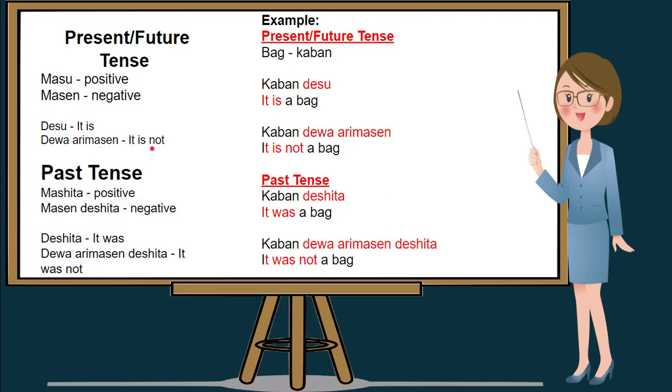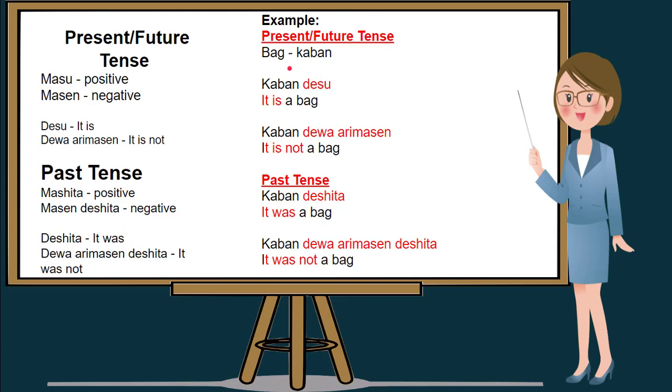We will also be using deshita and dewa arimasen deshita in creating a sentence. Deshita means it was in English, and dewa arimasen deshita means it was not. We will also be using this word kaban, which means bag in English.